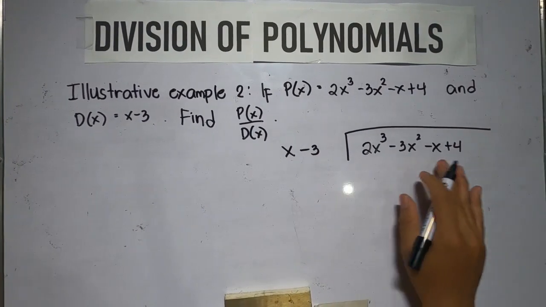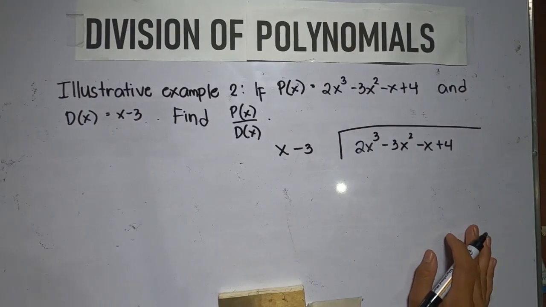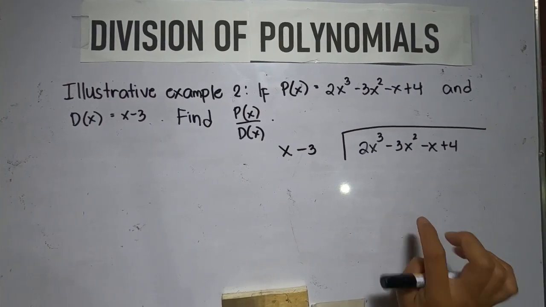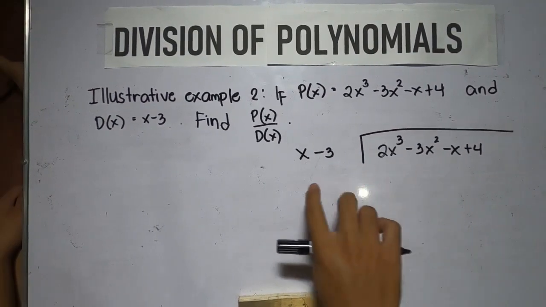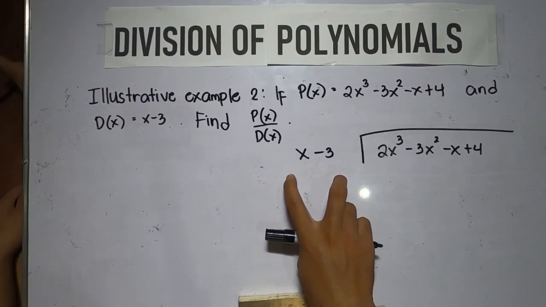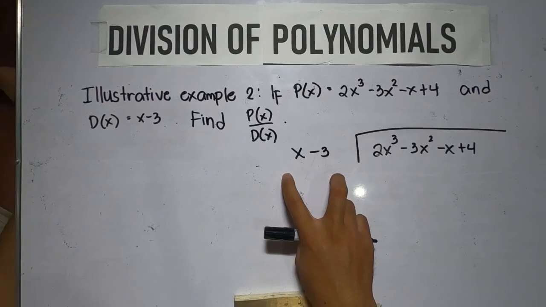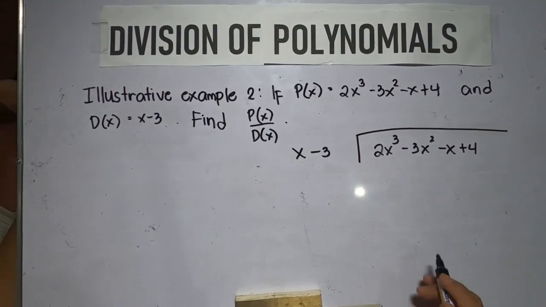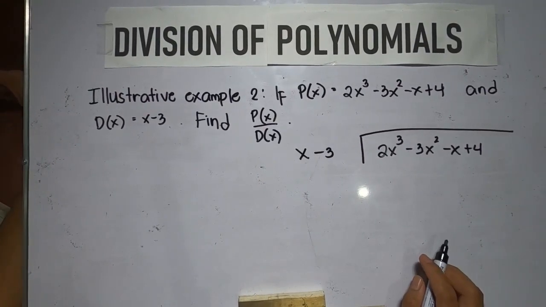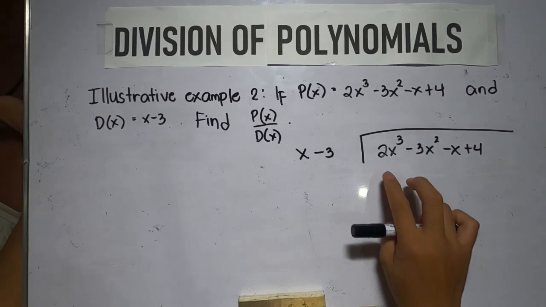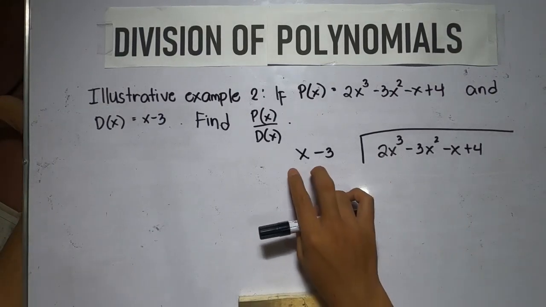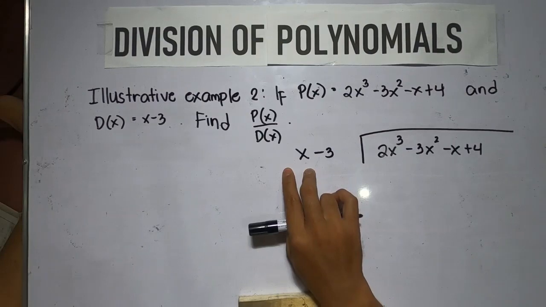As you can see, the first step is already done because the dividend and the divisor are already written in their respective standard form. So, we must proceed to the second step, that is dividing the leading term of the dividend by the leading term of our divisor.